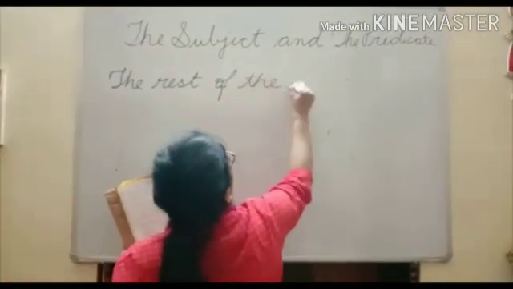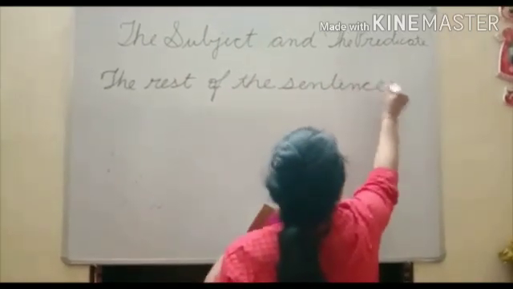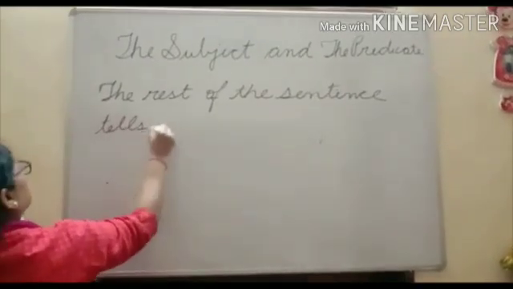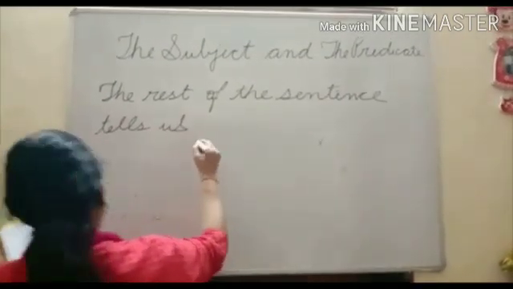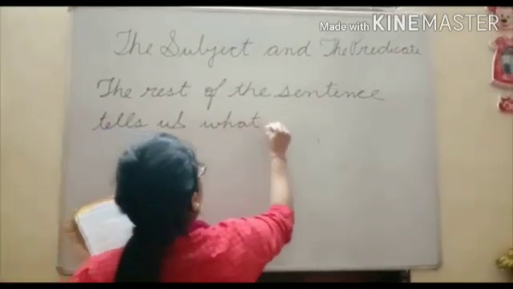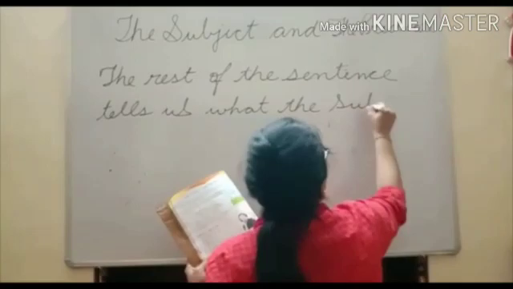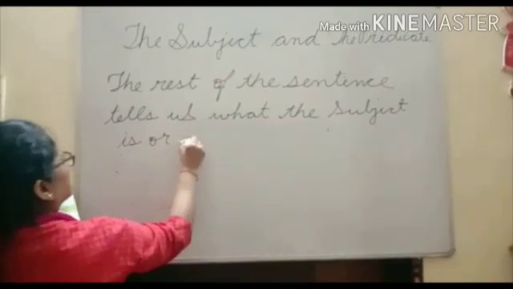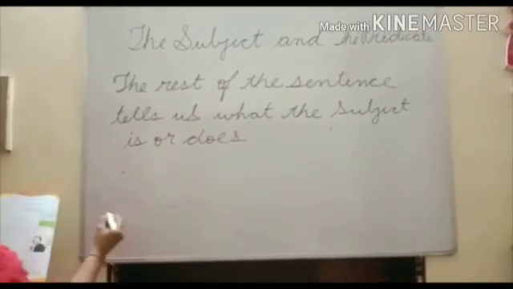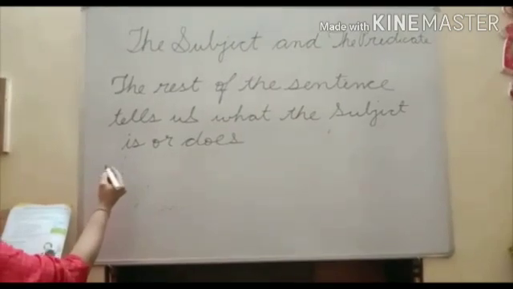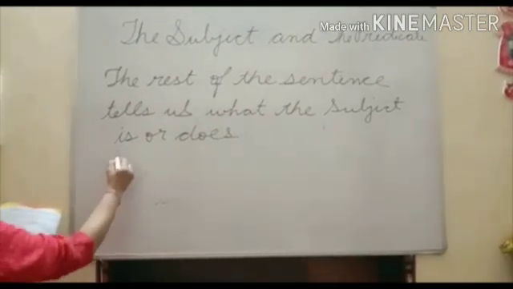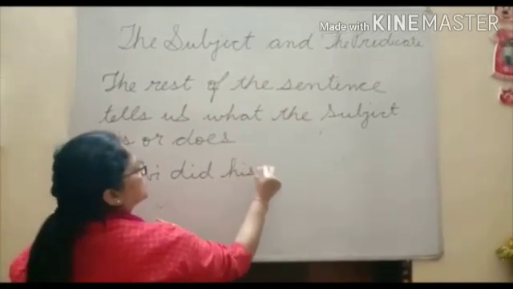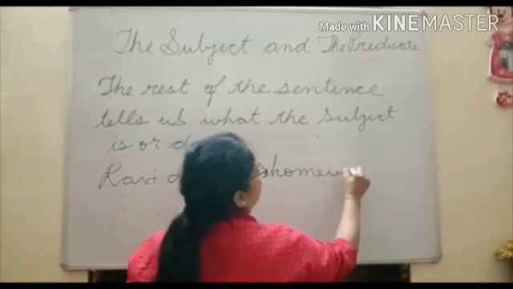The predicate of the sentence tells us what the subject is or does. For example, we had already discussed this. Ravi did his homework.